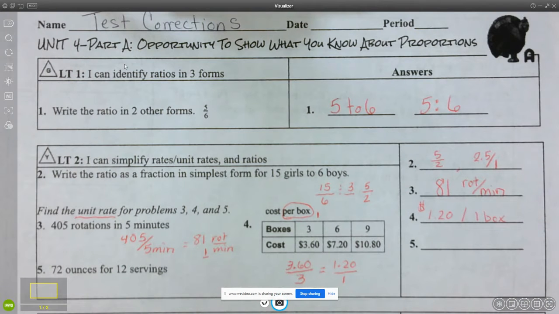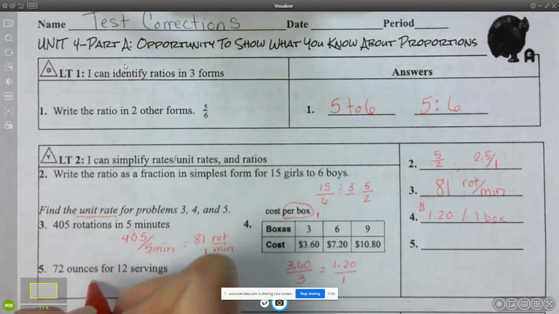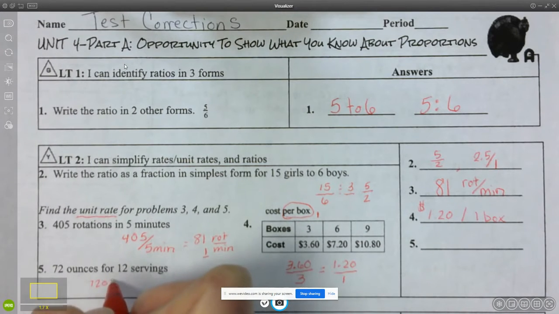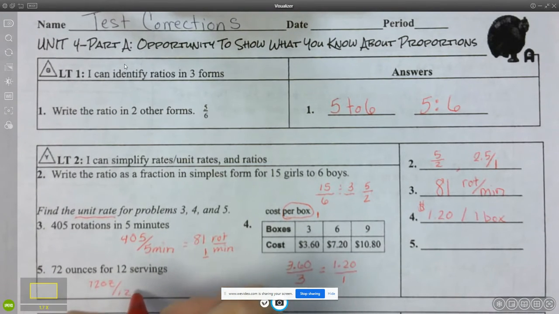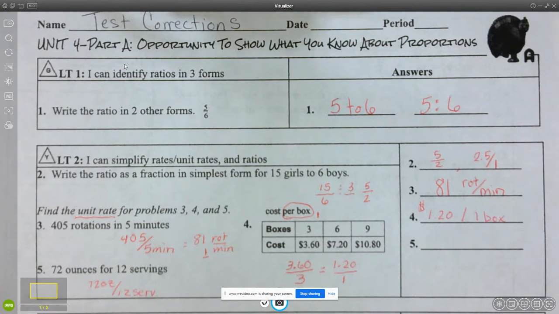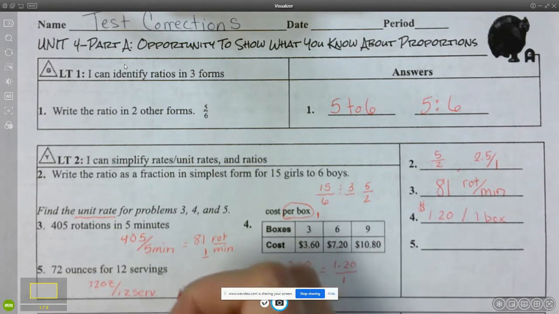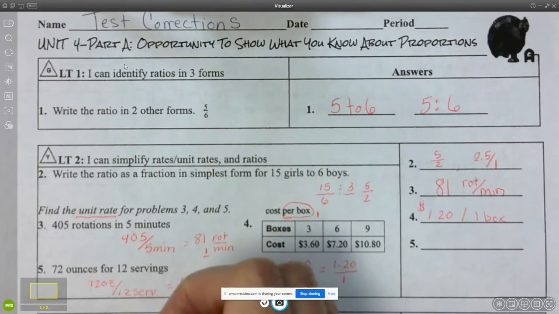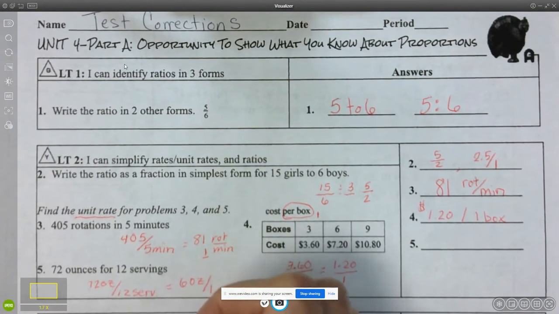And then when we get to number 5, we have 72 ounces are in 12 servings. Again, a unit rate is going to just divide 72 up by 12, and you are going to get 6 ounces in every 1 serving.